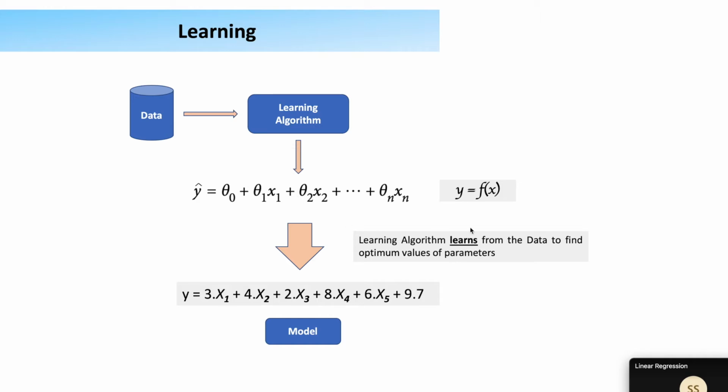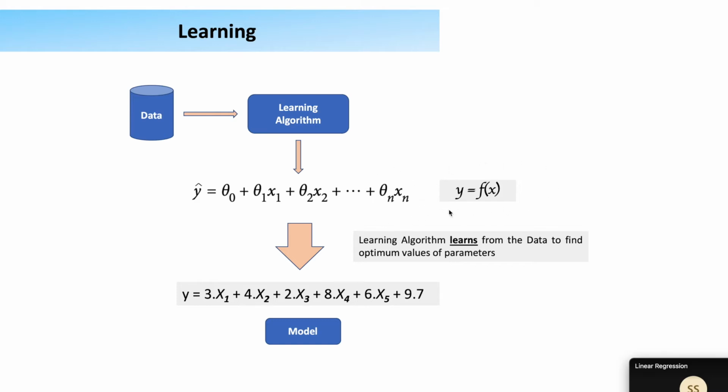In this case, for a linear regression algorithm, it is going to create a model which is essentially a linear equation in this form: y equals theta 0 plus theta 1 x1 plus theta 2 x2, going forward to theta n xn.